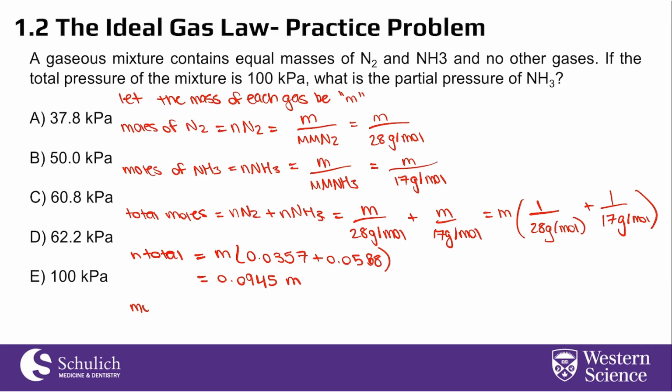And our mole fraction of NH3, we'll label it as that. It's going to be the moles of NH3 over the total moles. So I'm going to head to the next page to calculate this because I'm running out of room.